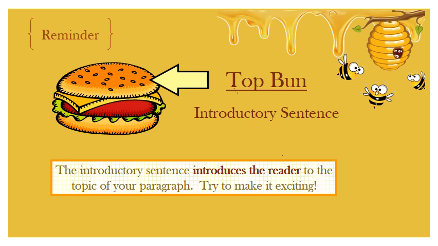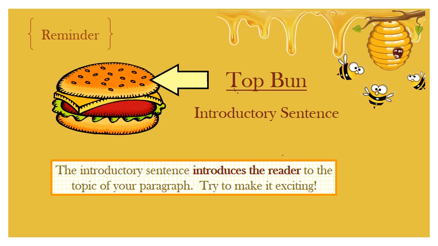Let's start first with a reminder about the topic sentence or the introductory sentence. When we say introductory sentence, we mean that it gives a general background about the topic. It's optional for you.